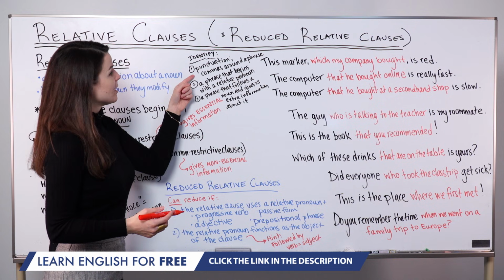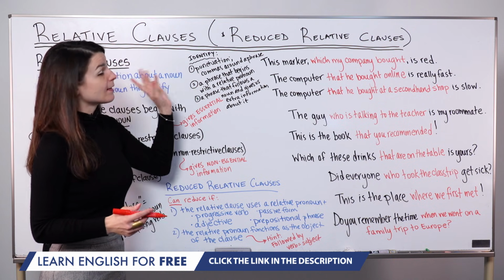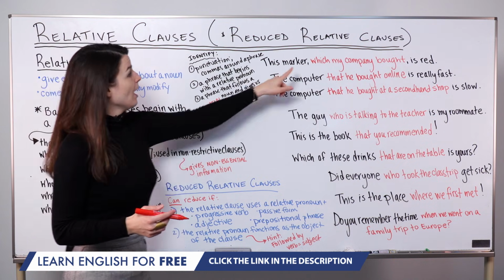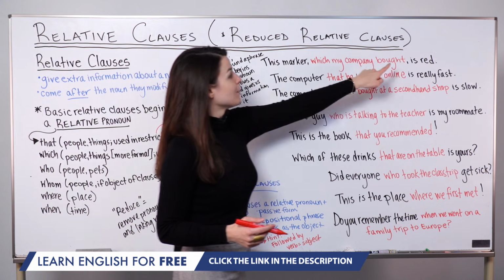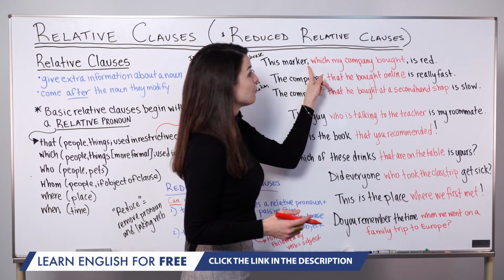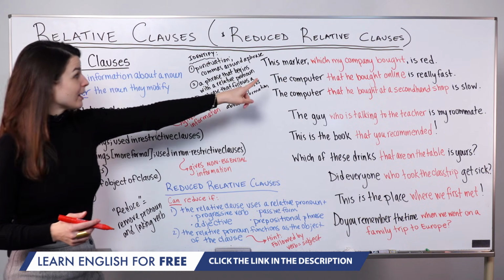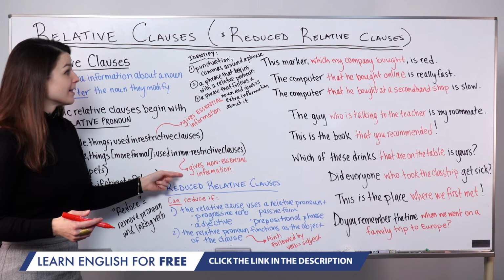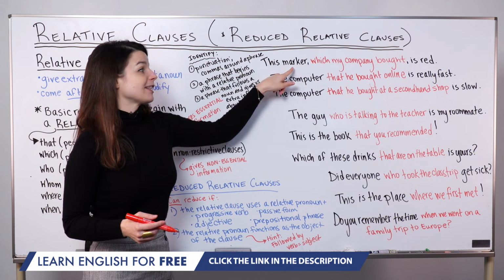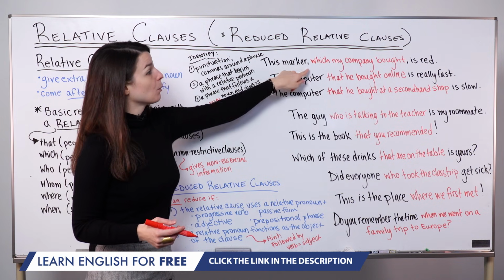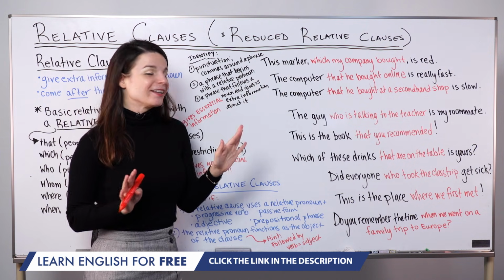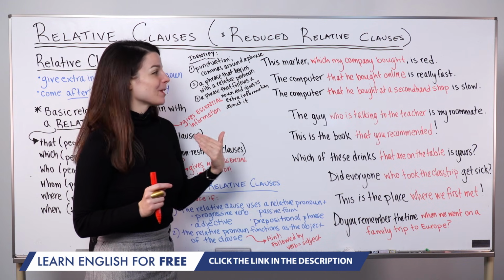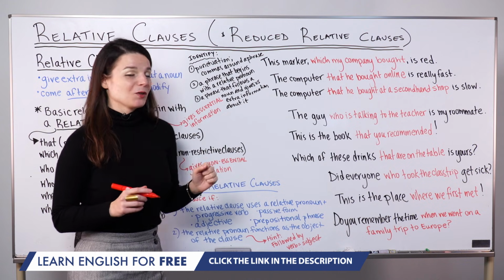As a punctuation hint, relative clauses sometimes, not always, have commas around the clause. This is also a really good hint that the relative clause is a non-restrictive clause. That means it's not essential to understand the noun. This is one tip, but it is not always something that you can use. Sometimes there is no punctuation you can use.